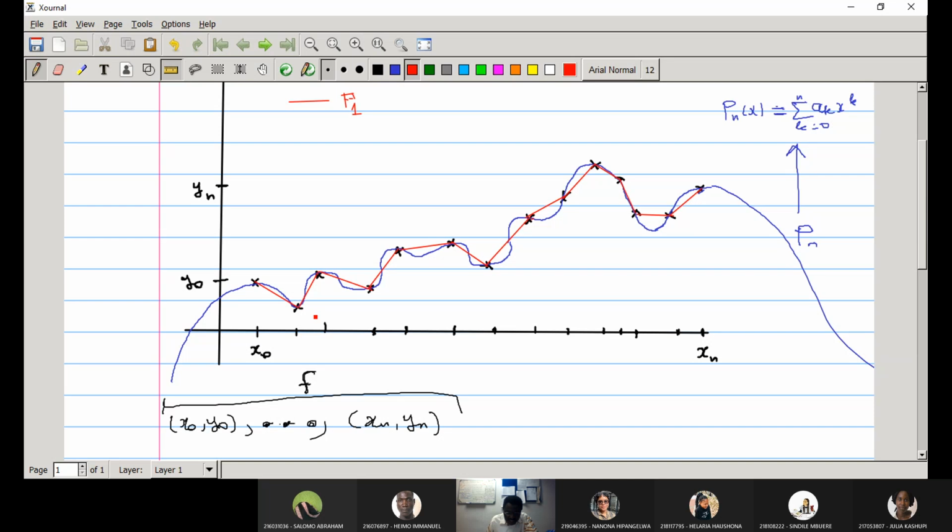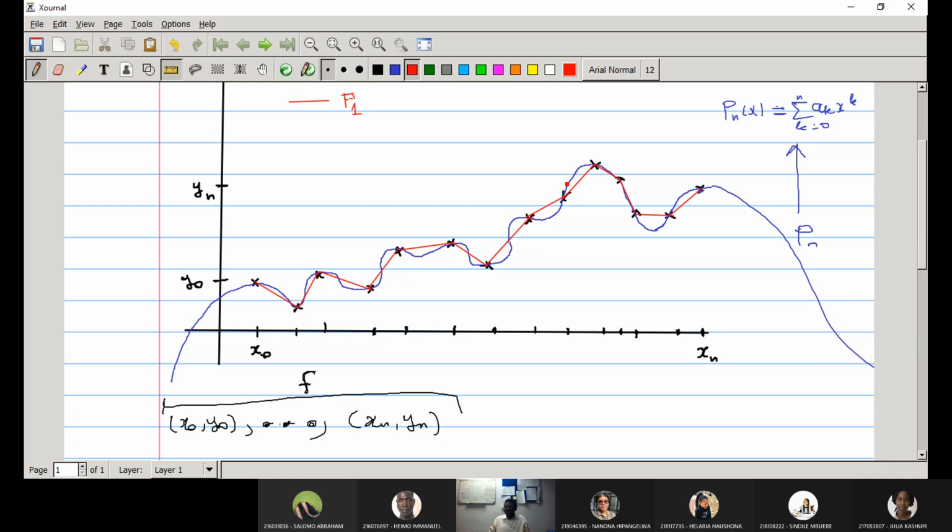Now, the drawback with this one, you can see that when I do this, I enforce continuity there, but differentiability is not enforced. You can see here, the function is not differentiable at those points. So there's no differentiability.